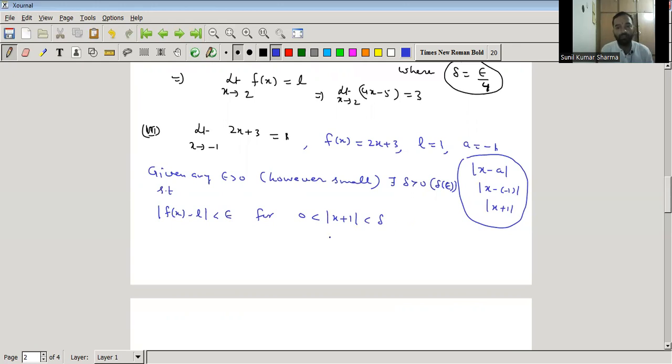So we have to find this delta. We fix epsilon, or we can take any positive epsilon, and according to that epsilon we have to find it. So we estimate fx minus L.